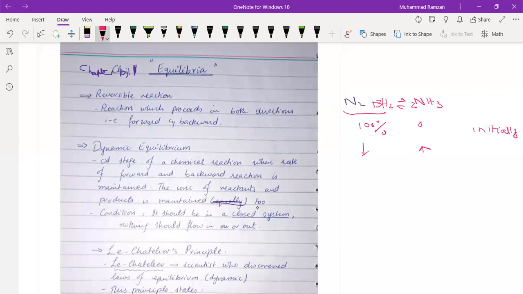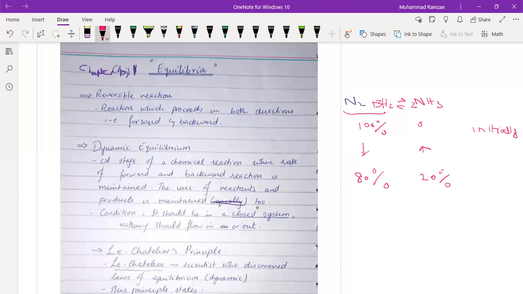That is the saturation point of NH3. Like if it is 20% formed from the reactants which were available, there would be 80% reactant remaining. Out of 100, 20% is used up and shifted to form product.